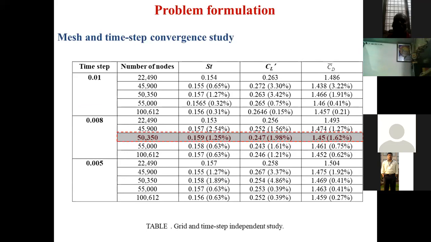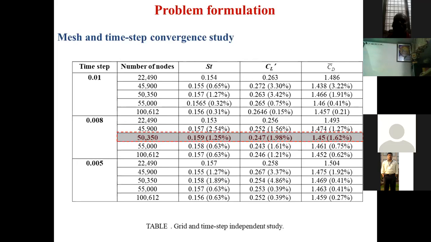Now the question is, commonly it is said that if your mesh size or grid size is very small and time step size is very small, then your solution will tend to the exact solution. So far, the exact solution of these equations is not known to us. This is an open problem. That's why we go for the approximate solution, or numerical solution, but we try to make that solution very near to the exact solution.